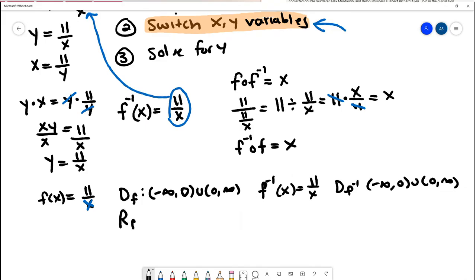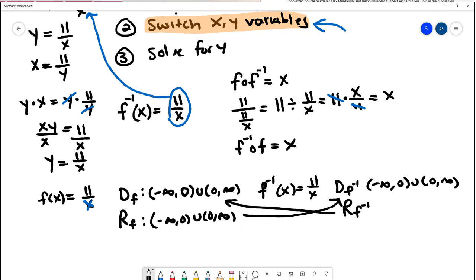So the range of f is going to be the domain of f inverse, so negative infinity to 0, union with 0 to infinity. The range of f inverse is going to be the domain of f, negative infinity to 0, union with 0 to infinity.